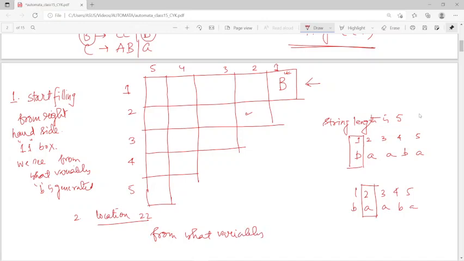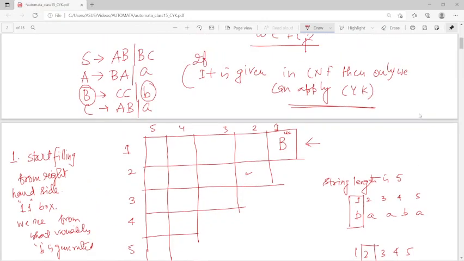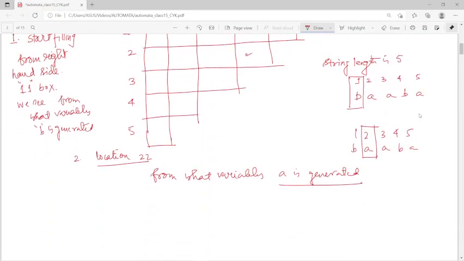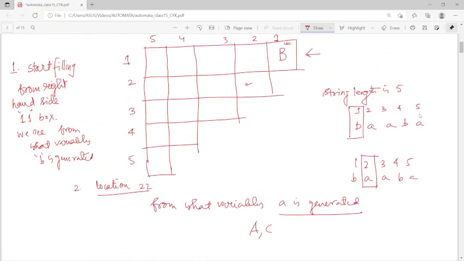You will see that A will be generated from variable capital A, and A will be generated from variable C. So this is nothing but A and C, so we can place A and C there, right?